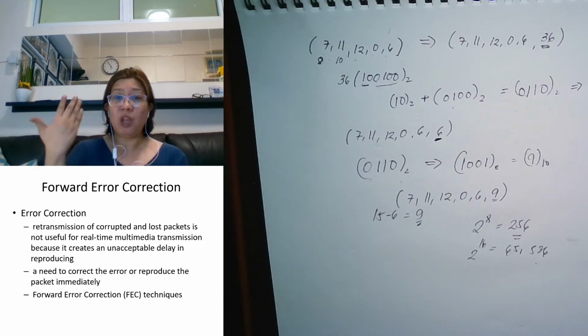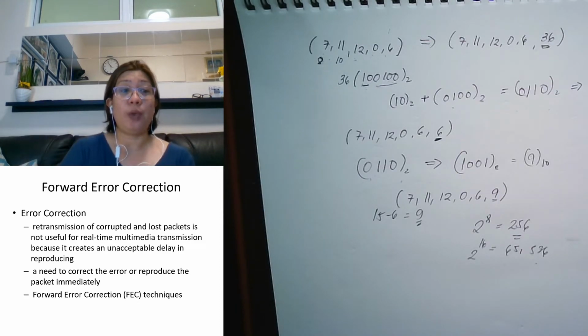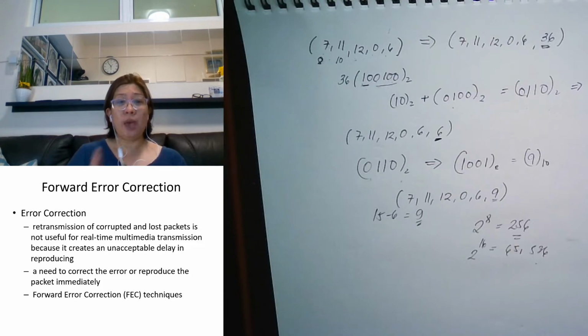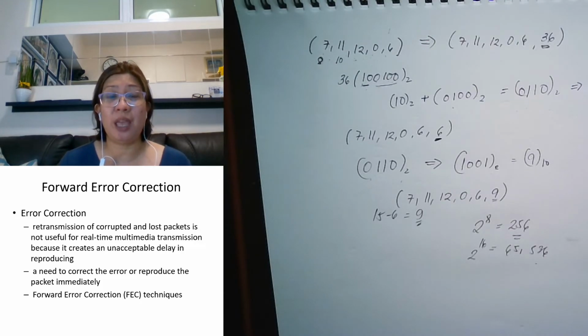So why not correct it right away there? The problem here is we need to wait until the lost or corrupted packets are resent. However, we need to correct the error or reproduce the packet immediately.